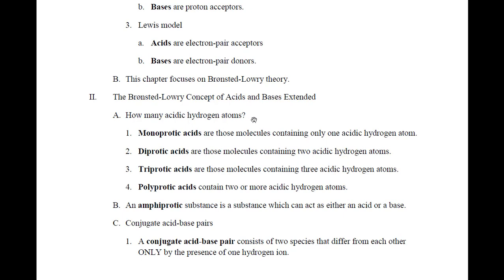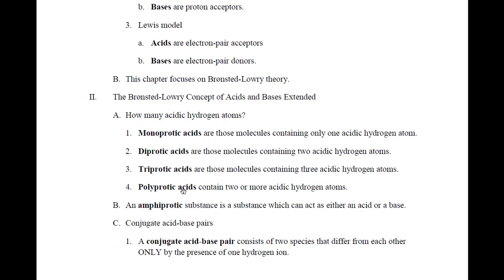By and large, when we're talking about acid molecules, acidic hydrogens are written first on the formula. If there's one acidic hydrogen written on the front of a formula, we call that a monoprotic acid. If there are two, then it's diprotic. If there are three, then it's triprotic.